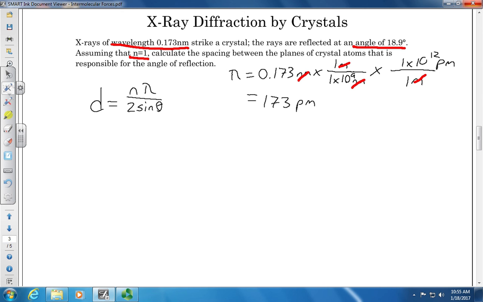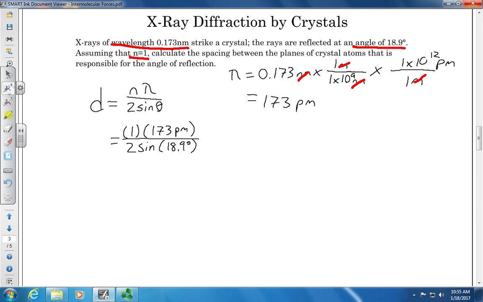So that's relatively simple. Coming back to our distance equation, let's plug in the numbers. We've got 1, for lambda, 173 picometers, over 2 times the sine of 18.9 degrees.